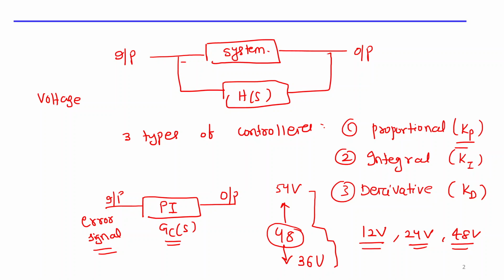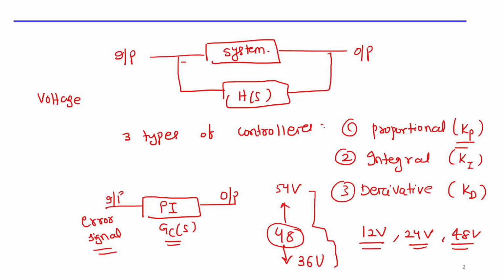In many electrical engineering applications, people always try to minimize the error. That's why they generally go for a PI controller, because the PI controller always deals with DC systems. If your system has AC, you have to convert it into DC, then you can use a PI controller.